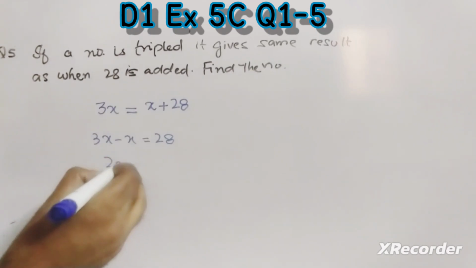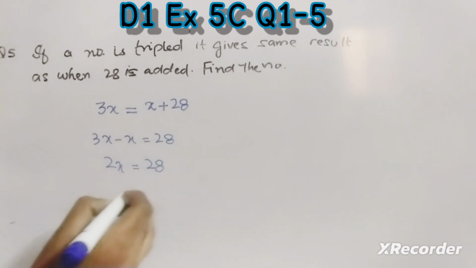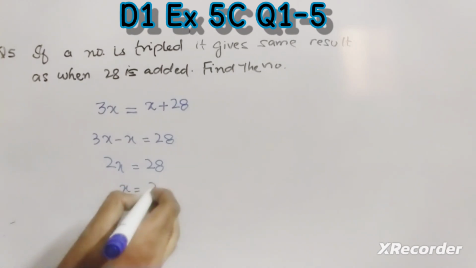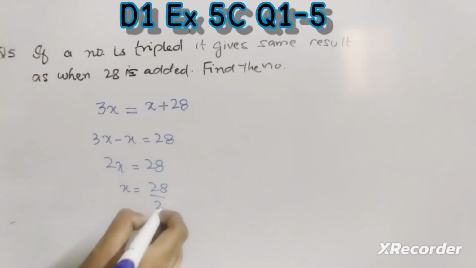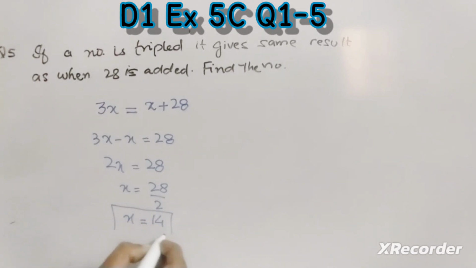So 2x is equal to 28, and x is 28 divided by 2, and our x will become 14. So 14 is our number. When tripled, it gives the same result as when added with 28. So this is our required answer.